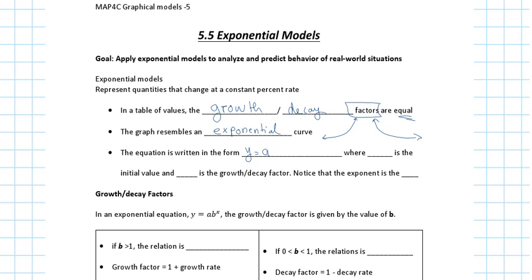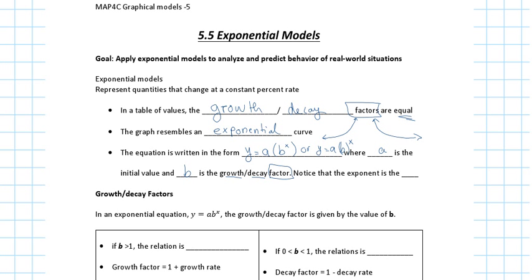So it could be written like this, or you could write it like this. It's the same thing. And what letter represents the initial value? A is the initial value, and B is your growth or decay factor.